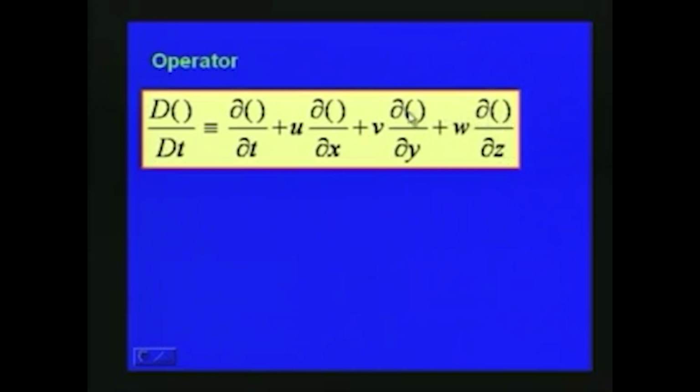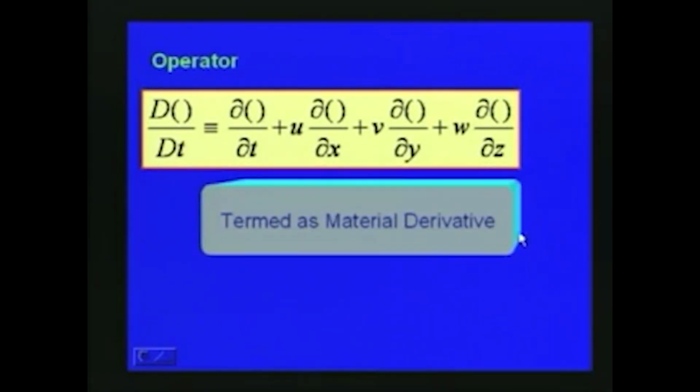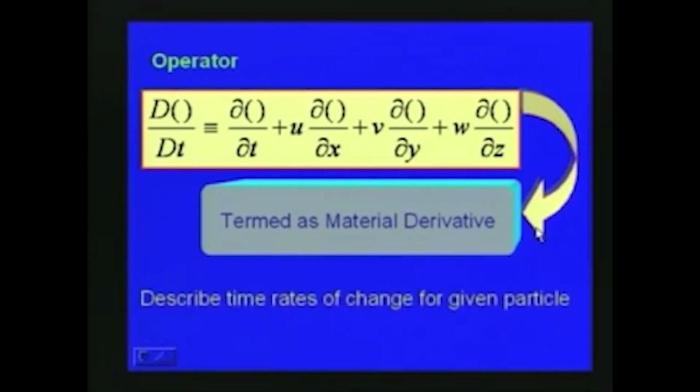This depends upon the property: if it is x direction, we put u, y direction we put v, and z direction we put w. So these terms are termed as material derivative.